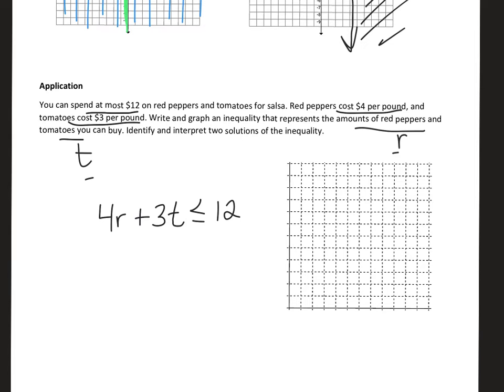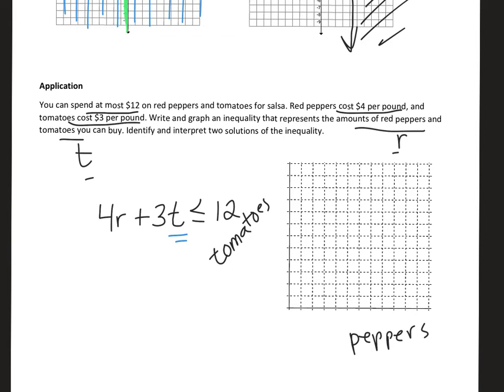It doesn't matter where you put the peppers or tomatoes. I'm going to put the peppers on this axis and label it peppers, and over here I'll put tomatoes. Because I put tomatoes on the y-axis, I'm going to graph by solving for y, which will be my t.